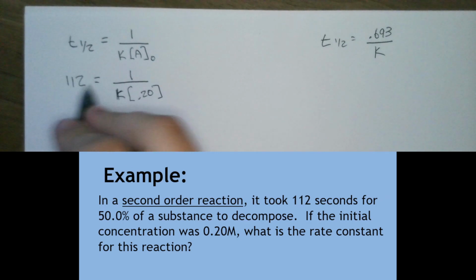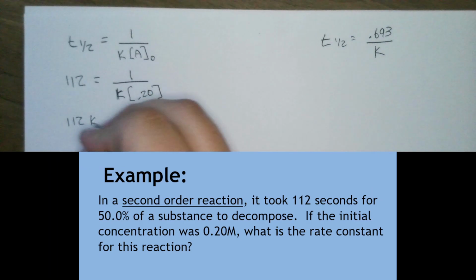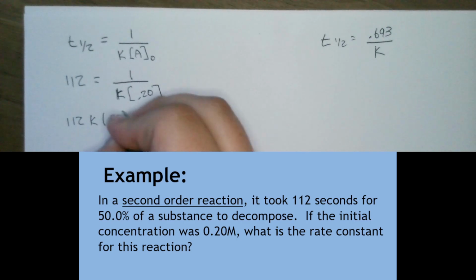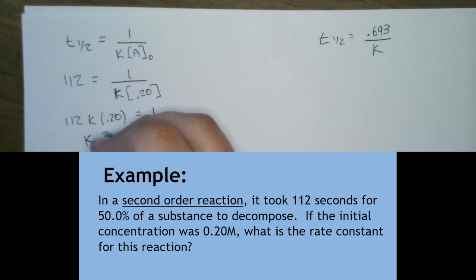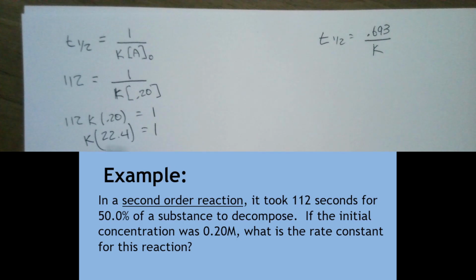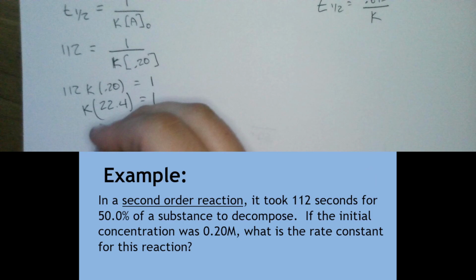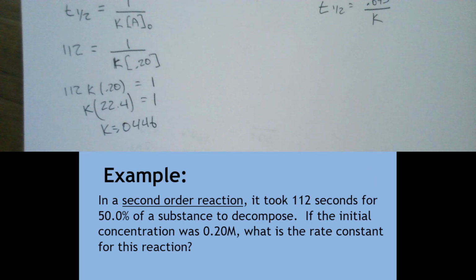We're going to multiply both these numbers up here. So we're going to get 112 times K times 0.20 equals 1. I'm going to multiply these two together, and I'm going to get K times 22.4 equals 1. Divide each side by 22.4. I get K is like 0.0446. That's the rate constant for this reaction.